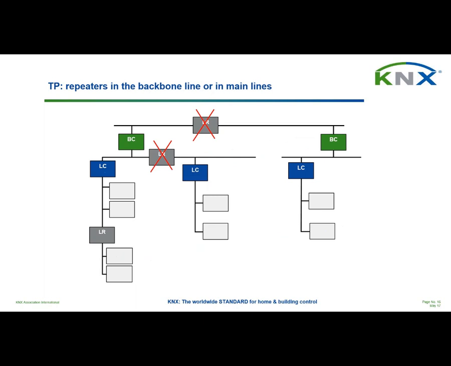It could be that we have more than 6 hops between 2 end devices, and therefore it's simply not allowed. So therefore the line repeaters are only allowed within lines, not in main lines and not in the backbone line.